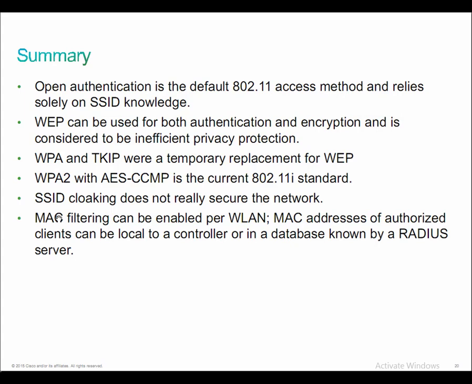And then, of course, WPA became the replacement, which operated in both personal mode and enterprise mode. WPA2 incorporated personal mode and enterprise mode as well, but it also incorporated a much stronger encryption algorithm, right? Instead of using RC4, we're using the Advanced Encryption Standard with the Rijndael algorithm and so on.